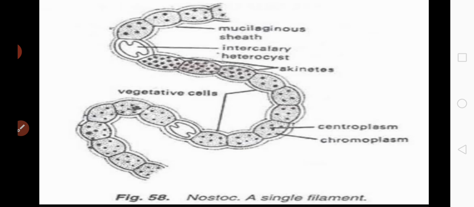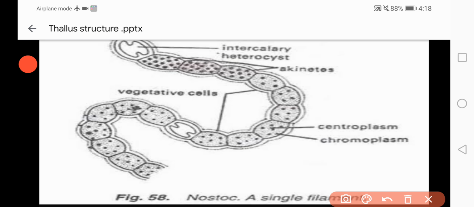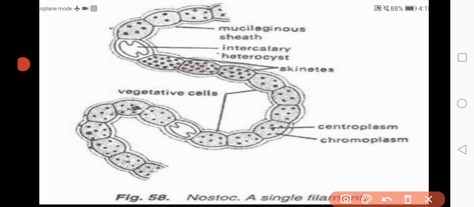In this filament you can observe the outermost mucilaginous sheath, or the gelatinous sheath, and here the trichome is chain like.